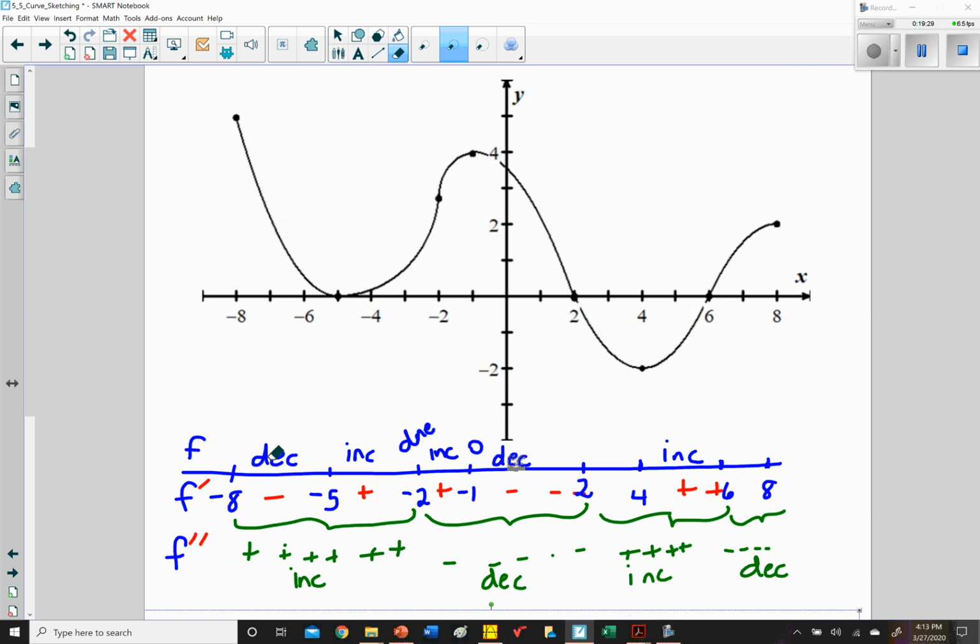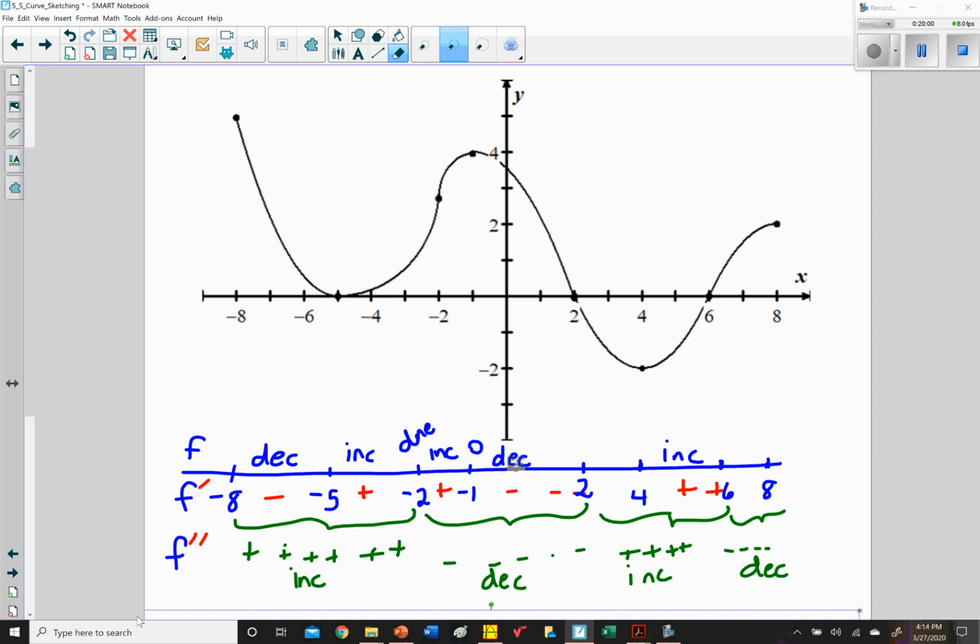So the function decreases, then the function increases, then continues to increase, decreases all the way over to 4, and then increases through the end. So I transferred that language for function behavior, increase and decrease, to the derivative is negative, positive, negative, positive, and so forth.